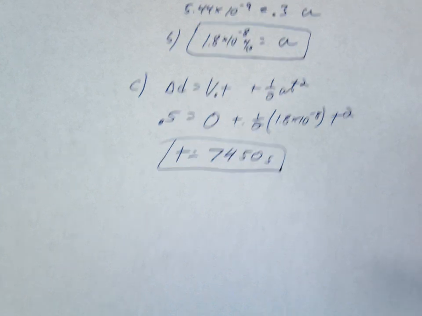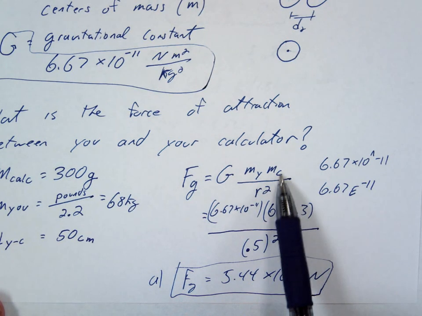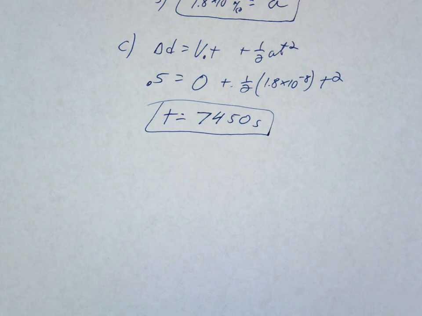The forces are equal and opposite. So remember, you're attracted to the calculator and the calculator is attracted to you with equal and opposite force. Look at the equation. Does it matter if I go m1, m2, or m2, m1? No, the force is going to be the same. Now what will be different? The acceleration will be different.